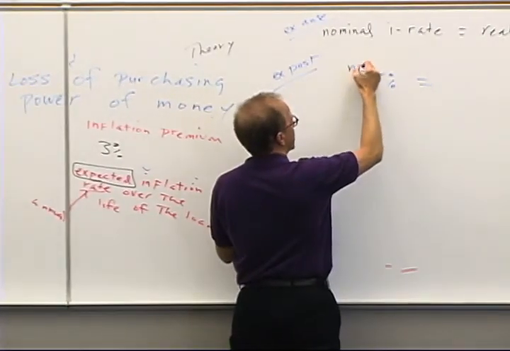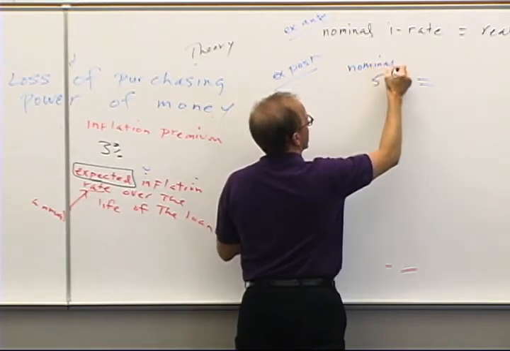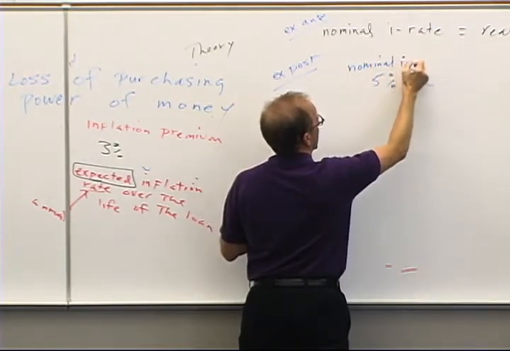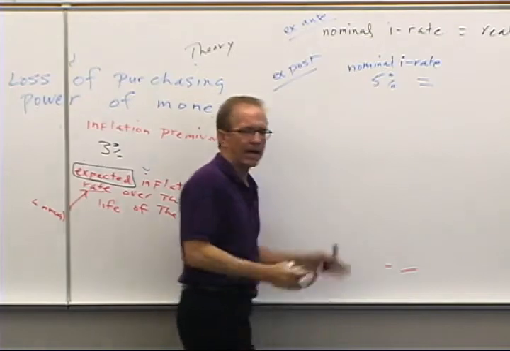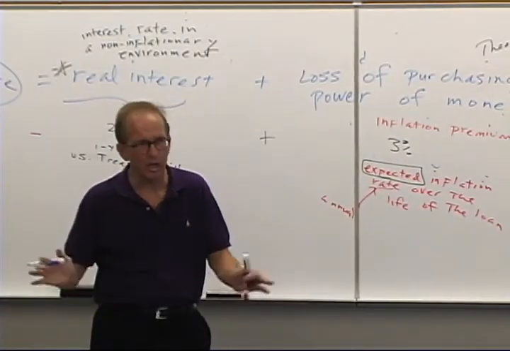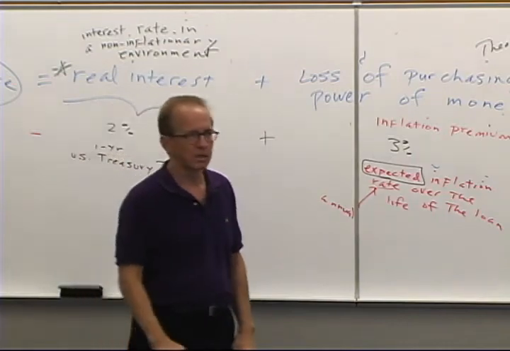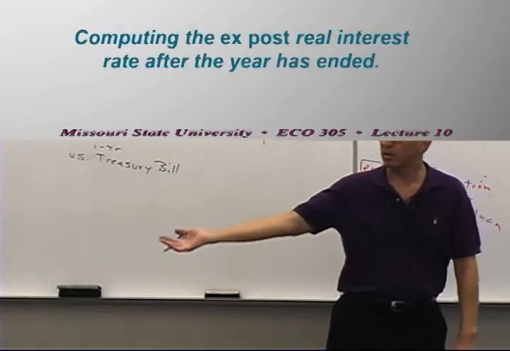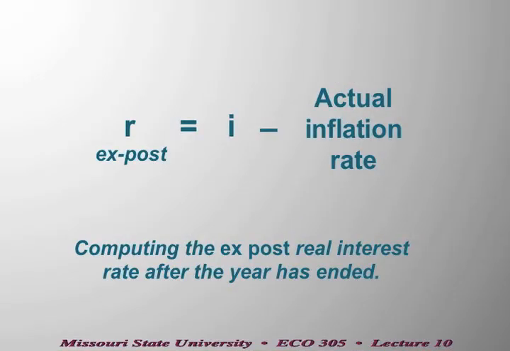We locked this in. This is the agreement. Here's the nominal interest rate. I loaned you the money. We have an agreement. We shook hands. We wrote it in a contract. End of story. And then at the end of the year, you pay me back. We look back and we say, hey, look, over the last year there's been 4% inflation. And so then after that, we calculate the ex post real interest rate.